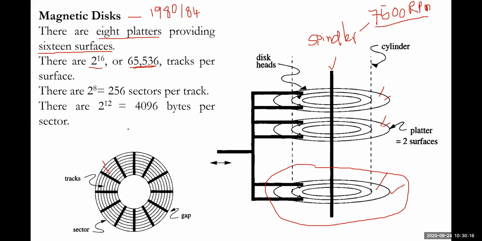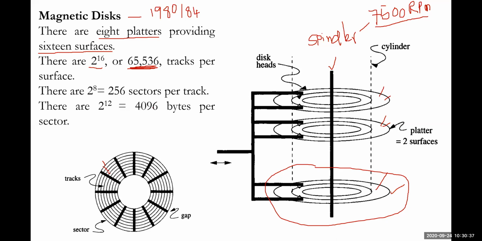That is called a track here. So we have approximately 65,536 tracks per surface. On the upper side 2 power 16 tracks, and on the lower side another 2 power 16 different tracks will be there.